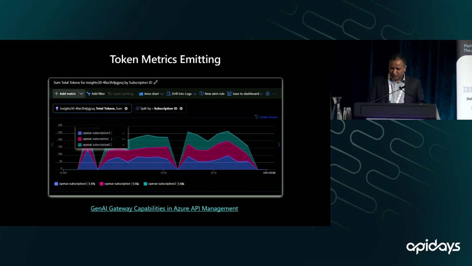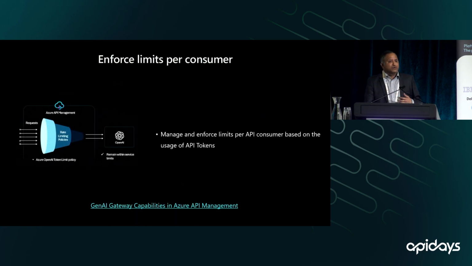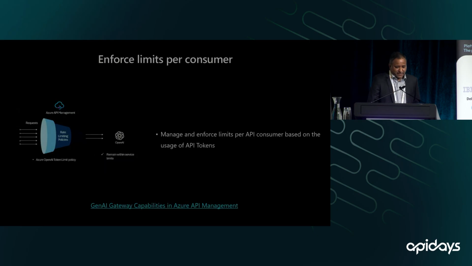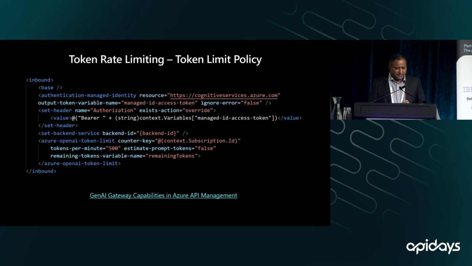Once we have this view, the next thing is to enforce the limit. This is the situation where we have a shared environment and we want to limit which application or which consumer can consume how many tokens. So it's like rate limiting, but not at the request level, at the token level. So the way we do that is there is again a token limit policy.